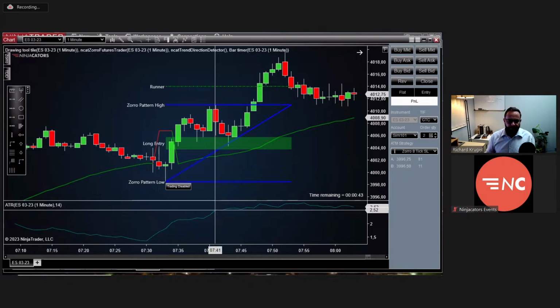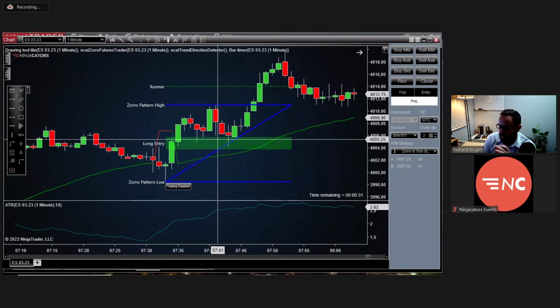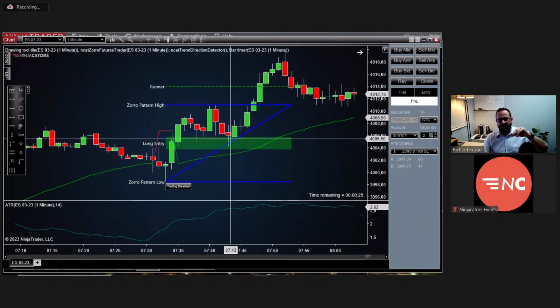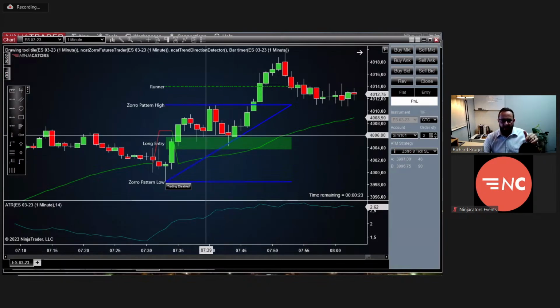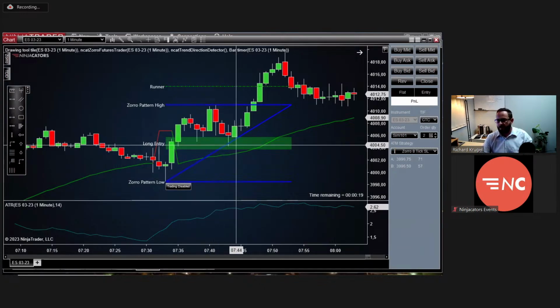So I've added the ATR, and I explained it in those training videos as well, so that I can make sure that this zone here, which you have to manually input again, is not too shallow or too thin, whatever the case might be. Because if it's too thin, and I'll explain how this actual indicator works in the entry and all that sort of stuff, you might get stopped out too much.